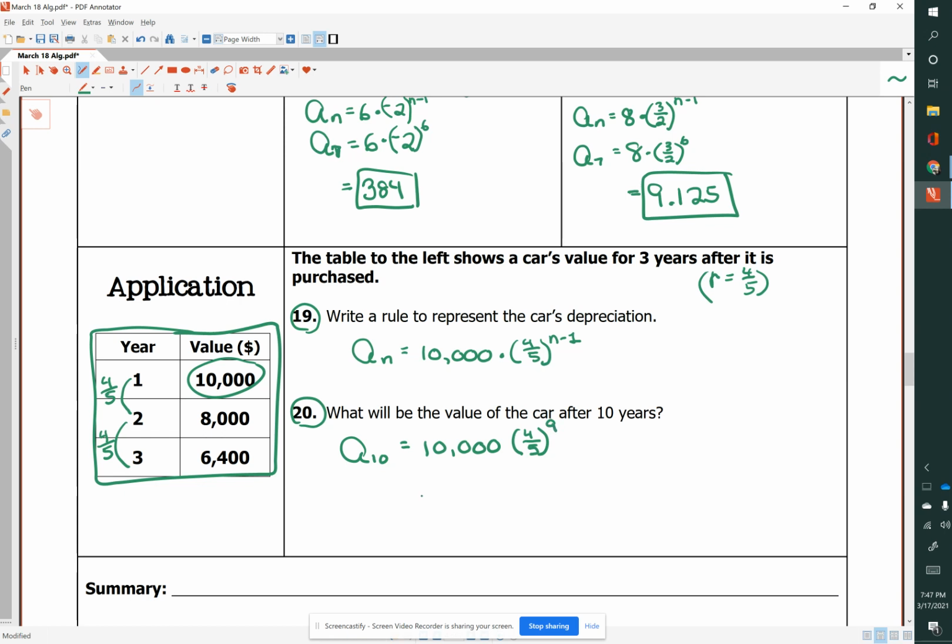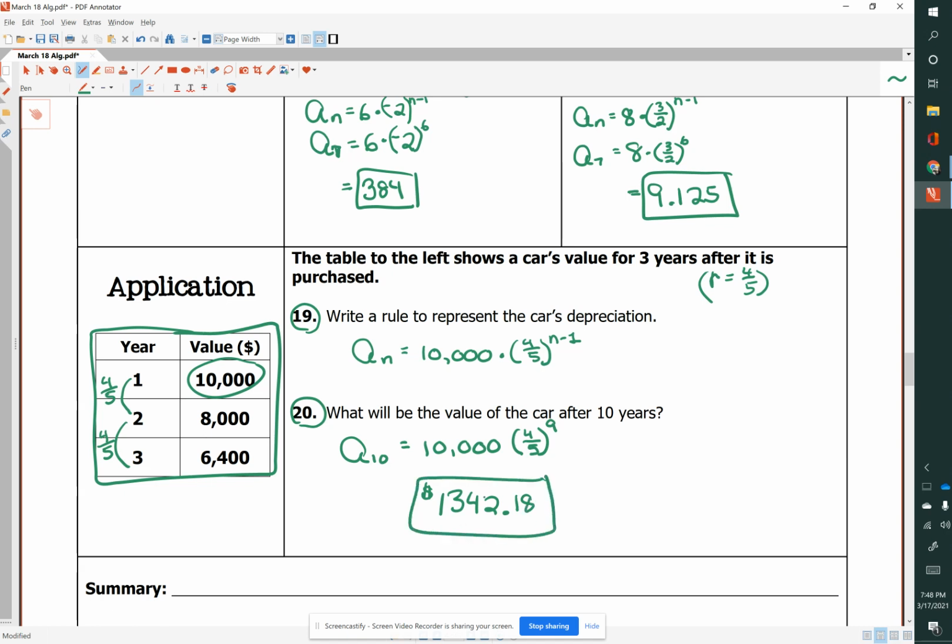So when we calculate this, 10,000 times 4/5 raised to the 9th power, that is $1,342.18.